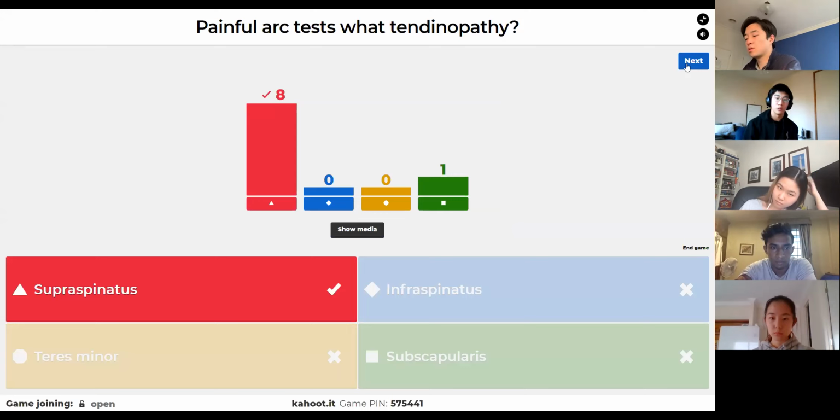So for painful arc, we're doing shoulder abduction. The only muscle here that's responsible for abduction is the supraspinatus, because it gets caught underneath some of your bones there. Whereas subscapularis is for shoulder internal rotation, so we're not testing that with painful arc.